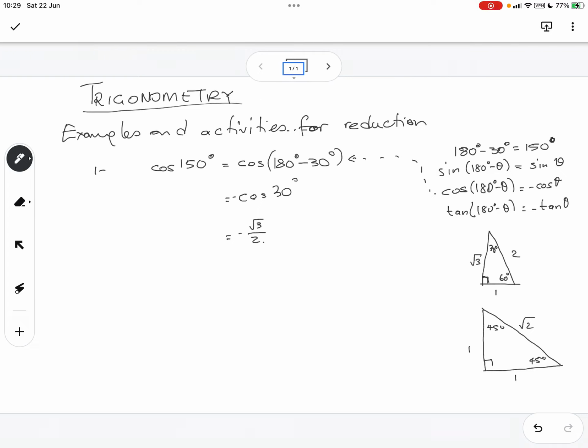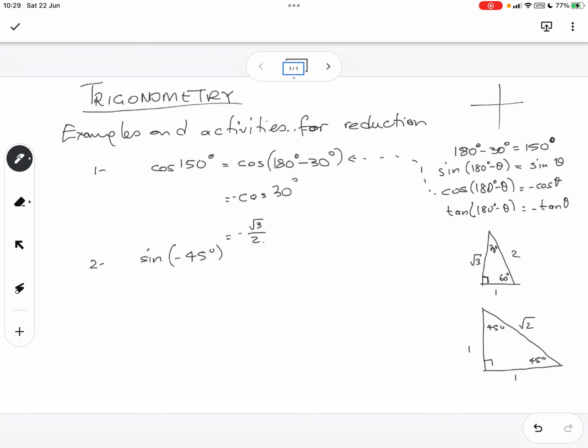Okay, cool. The second example that we deal with now is the sine of negative 45 degrees. Remember negative angles are angles that we measure clockwise.